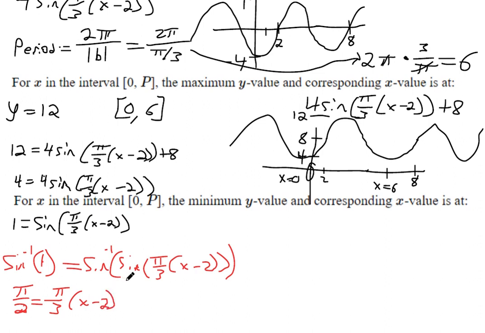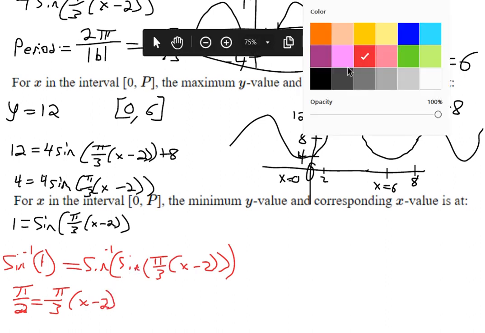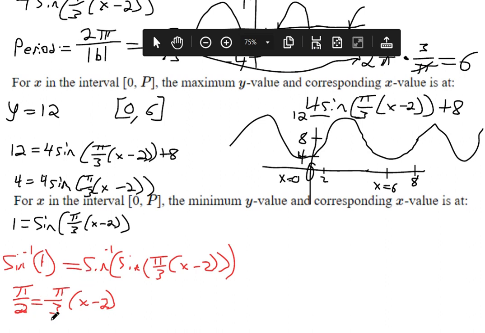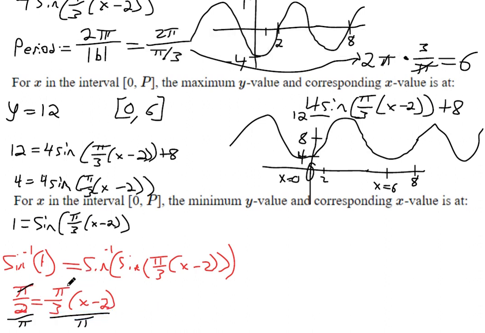We're all done with trig now. It's just kind of a complicated algebraic thing to work through. You can divide pi from both sides. That's going to cancel out these pi's, and that's a balanced step. Right? So our equation becomes 1/2 equals 1/3 times (x minus 2). Let's see what's easiest now. I mean, I like getting rid of the fractions, so I multiply everything by 6.